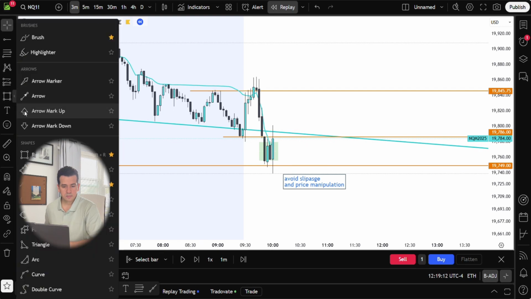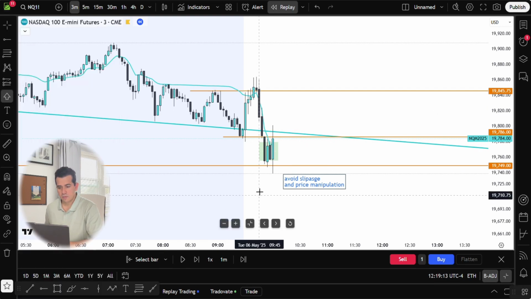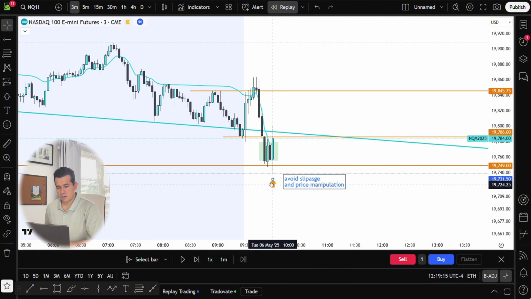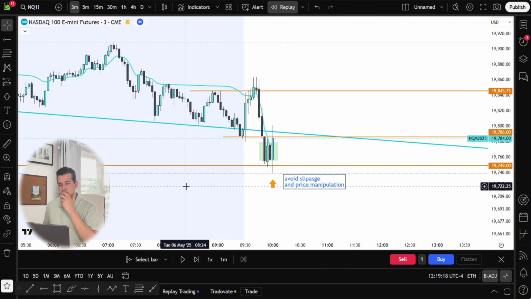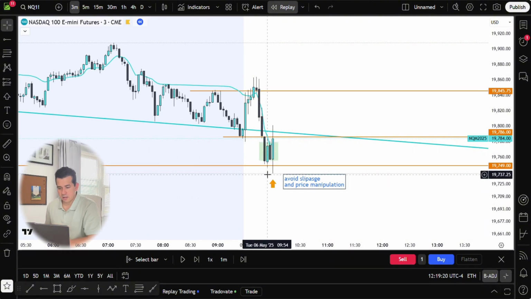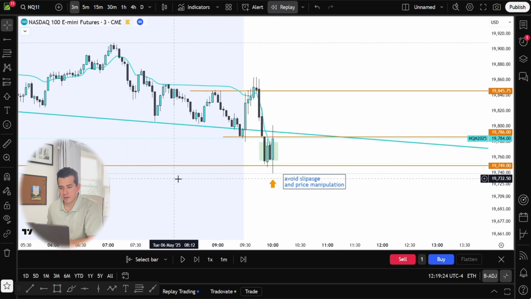There you are. This candle here. So this is nice. Came down, took them out, and boom.